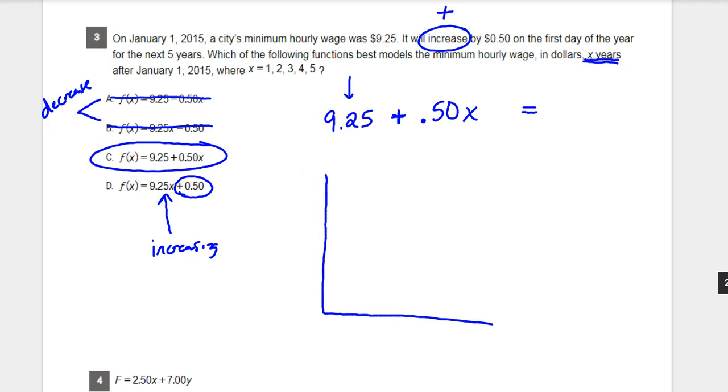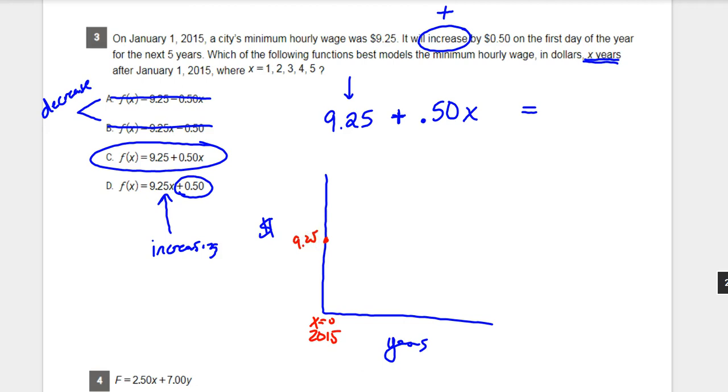If we were graphing and had the years on the bottom and the money you made on the side, if you start off in the year 2015, or at x equals 0, we'd be at $9.25.